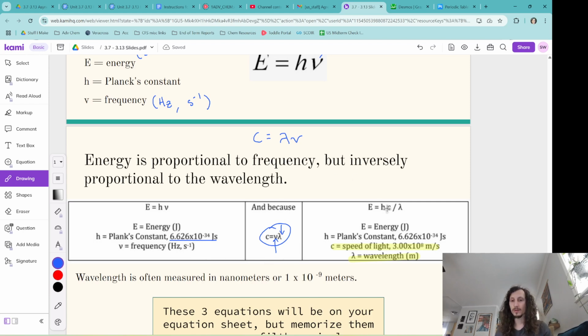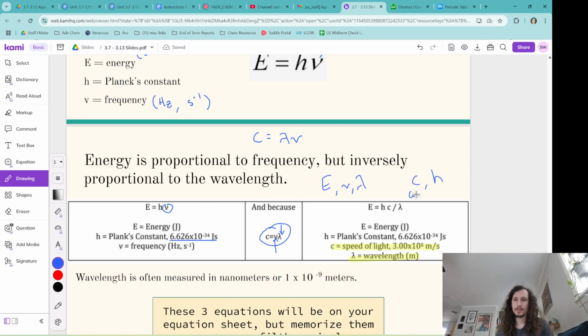And then we can also do a little substitution to say, could I replace the nu term in E equals h nu with c over lambda? You don't have to memorize this iteration, but you've got this pool of basically three variables, E, nu, and lambda, and then two constants, c and h.